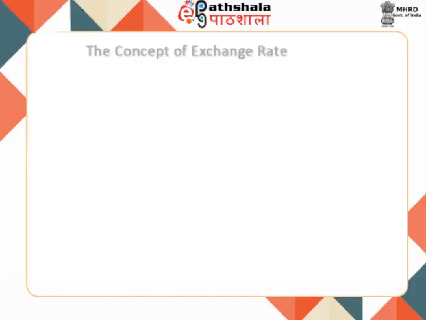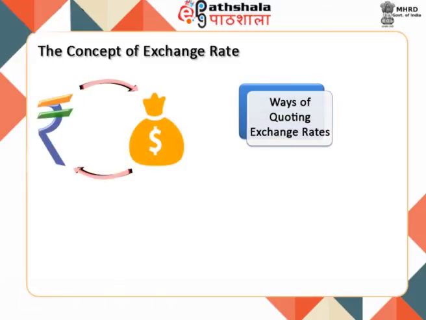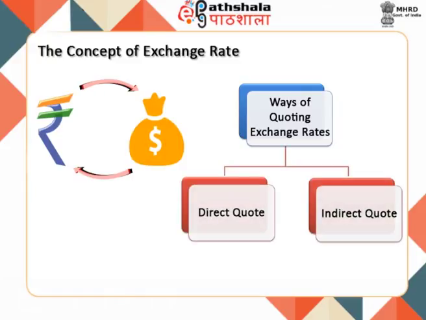Let us now try to understand the concept of exchange rate. For a pair of currencies, the exchange rate is the price of one currency quoted in terms of another currency. It indicates the price at which one currency can be exchanged for another. The two ways of quoting exchange rates are direct quote and indirect quote.